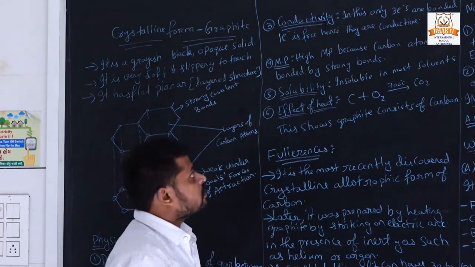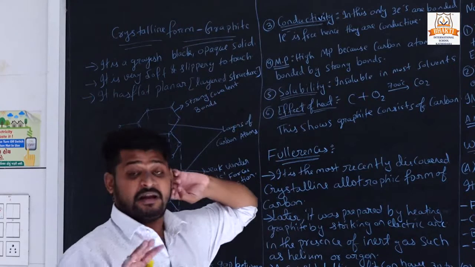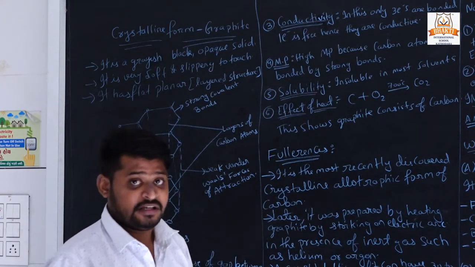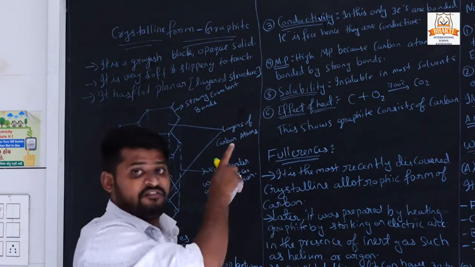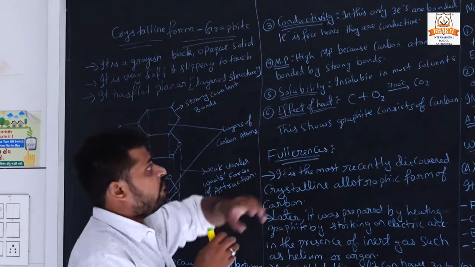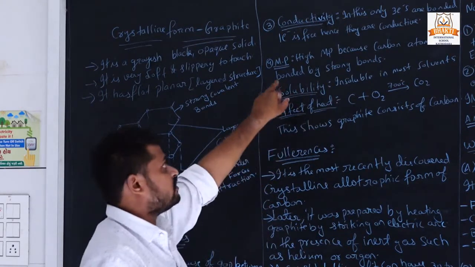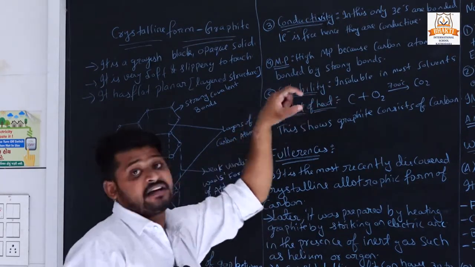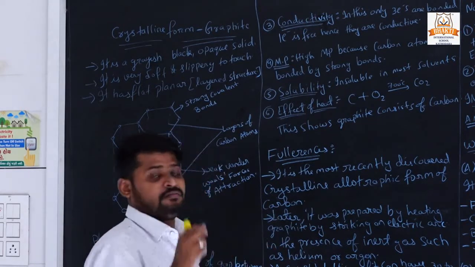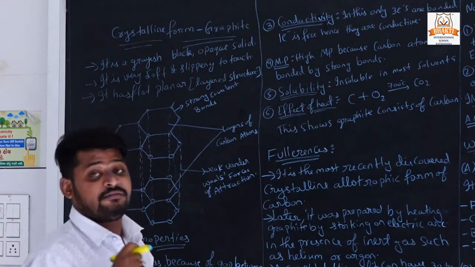Why? Because carbon has 4 electrons in the outermost orbit. In graphite the carbon is bonded with only 3 electrons and 1 electron is free. That's why graphite conducts electricity, because the current will flow through them.